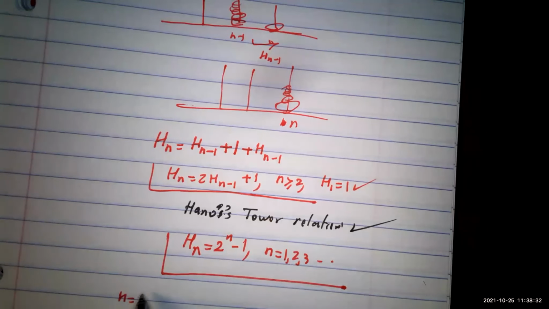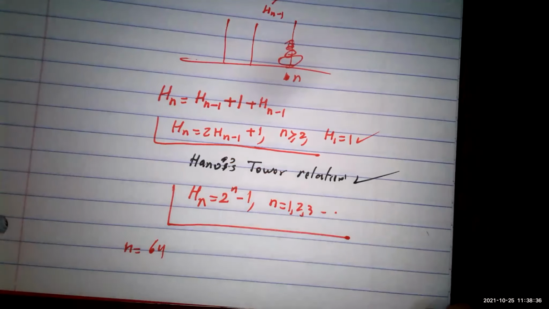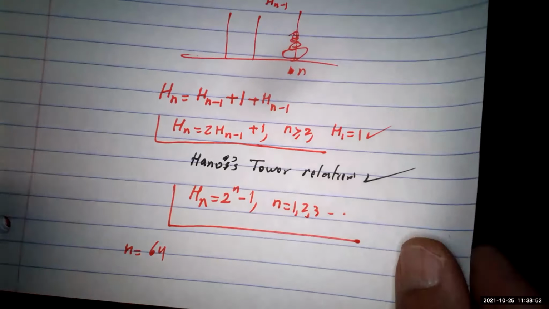You see, n is equal to 64. They are going to do this game with these 64 disks, and they believe that when they are done, that would be the end of the world. But if you use your calculator and put 2 to the 64 minus 1, it would be quite a lot. So we are going to be safe. Some people like stories.